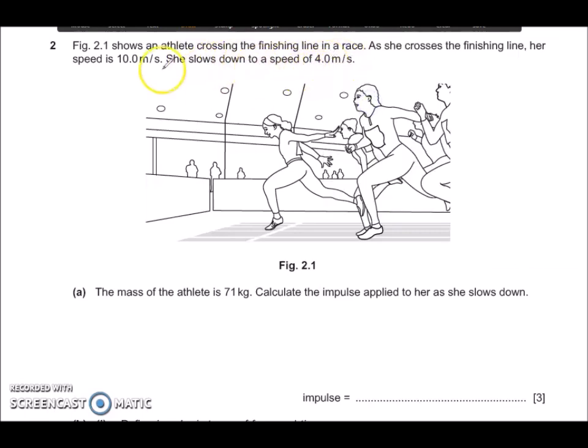So they mentioned an athlete crossing the finishing line in the race. As she crosses the finishing line, her speed is 10 meters per second. She slows down to a speed of 4. So what is the impulse applied to her as she slows down?